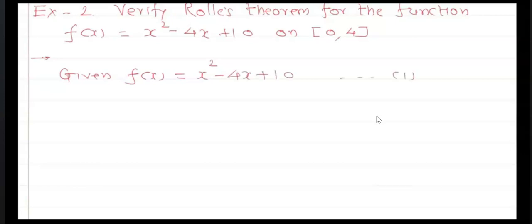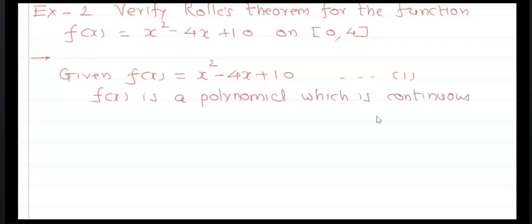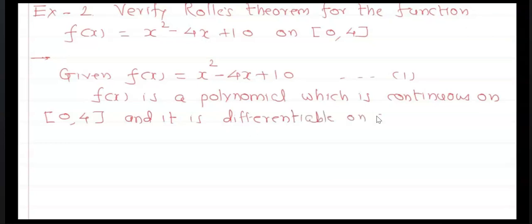Now the given function f of x is equal to x square minus 4x plus 10. It is a polynomial function, which is continuous on the closed interval 0 to 4, and it is differentiable on the open interval 0 to 4.